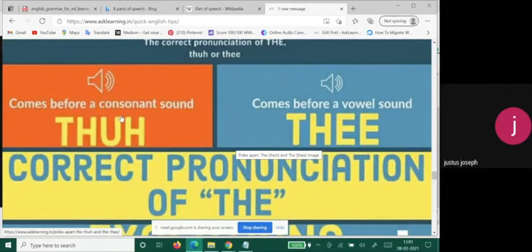The vowel list is incomplete, so let's complete our list of vowels. I am slightly deviating from the book and going to teach you vowels. Okay, the vowel Y. Now the letter Y.